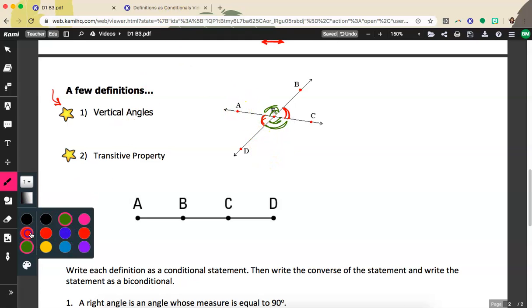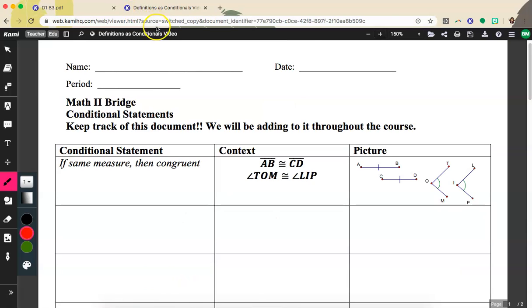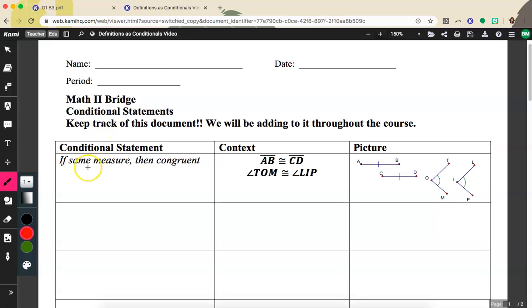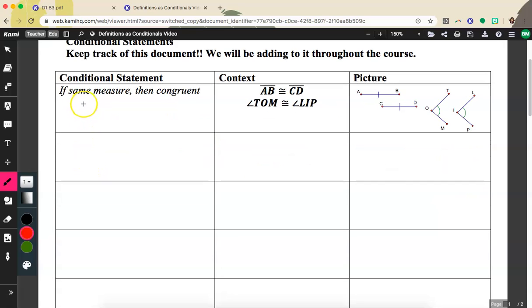Let's go to our conditional statement list so that we can write that in our conditional statement setup. We have an example. We already talked about congruent today: if it's the same measure, then congruent. Here's some geometry context. These are congruent segments, congruent angles, and then a couple of pictures. For our first one, I'm going to write vertical angles pretty small at the top here so that I remember that's what this vocab word is.